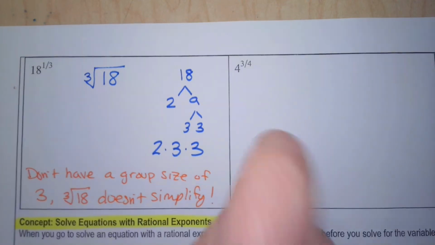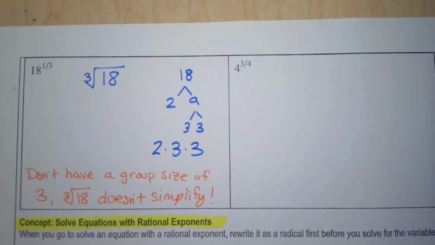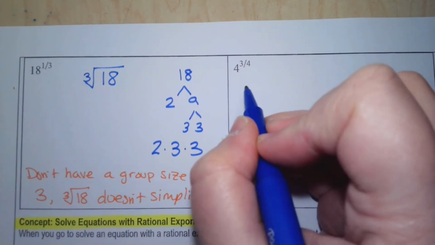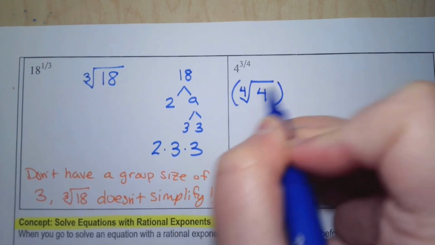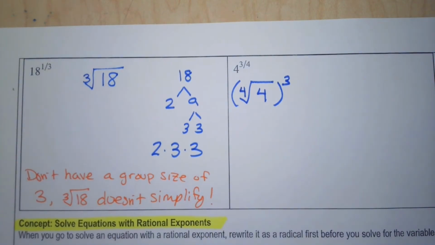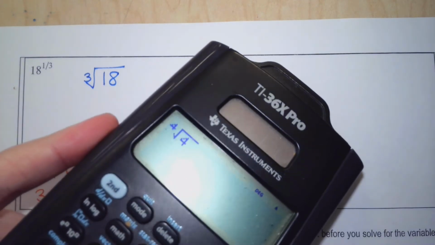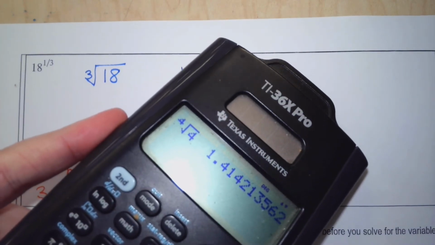All right, 4th root of 3 to the 4th. So we're going to rewrite this as the 4th root of 4. I'm going to put parentheses. So let's test the 4th root of 4. Decimal again.